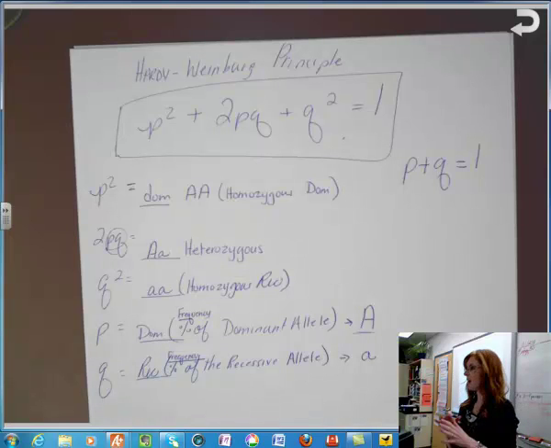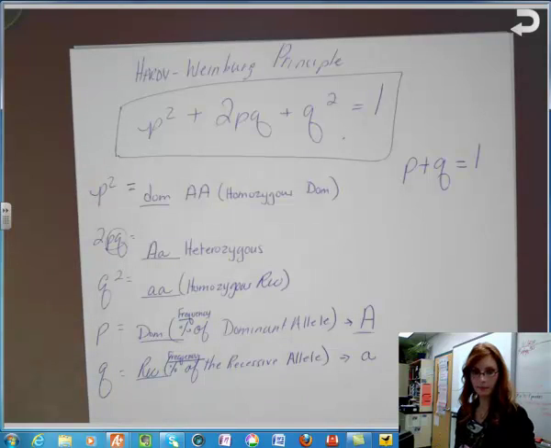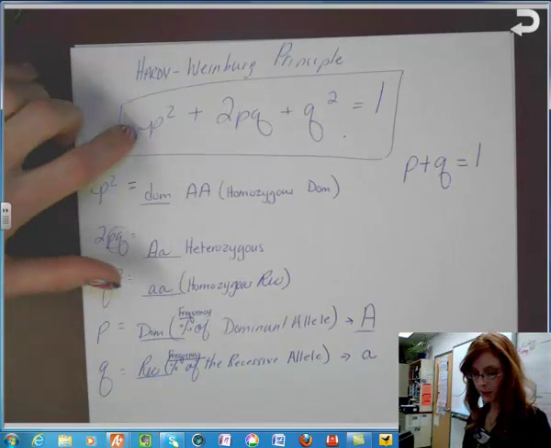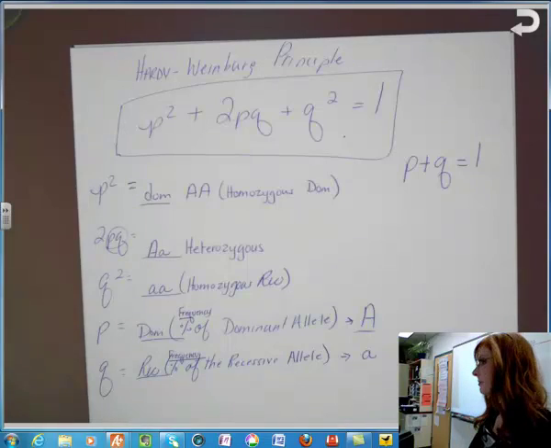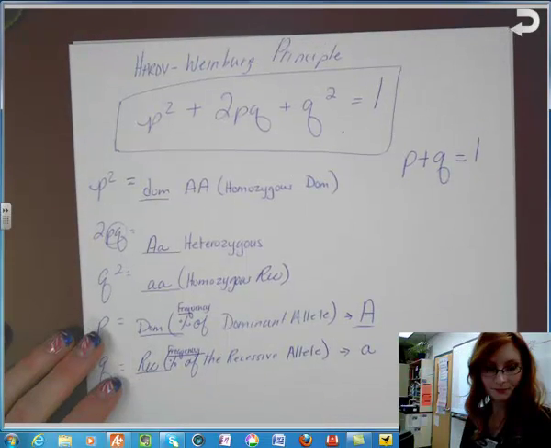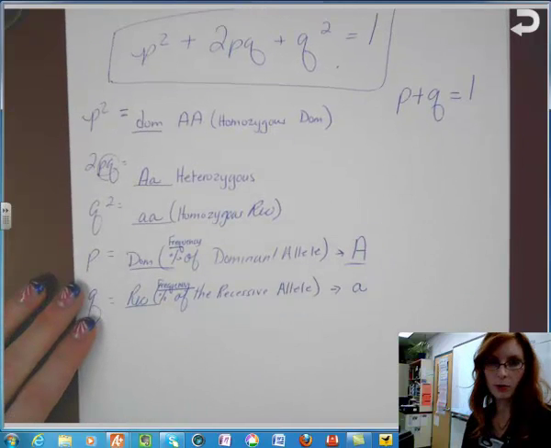And how you solve for them is really, really simple. And I don't off the top of my head remember why they chose P's and Q's. That's just what Hardy and Weinberg chose. Just make life more interesting.